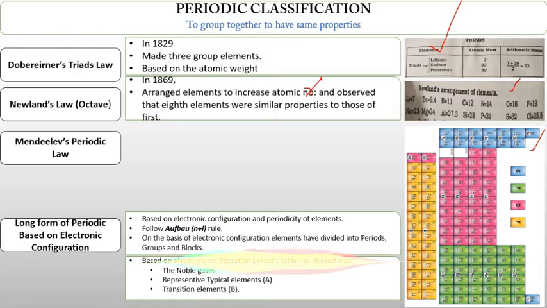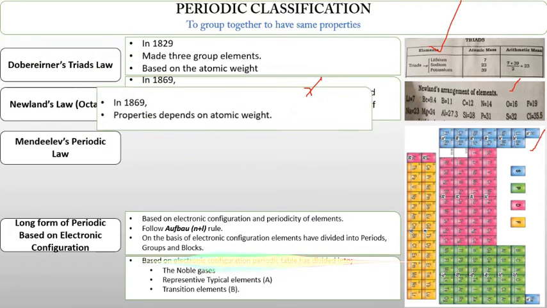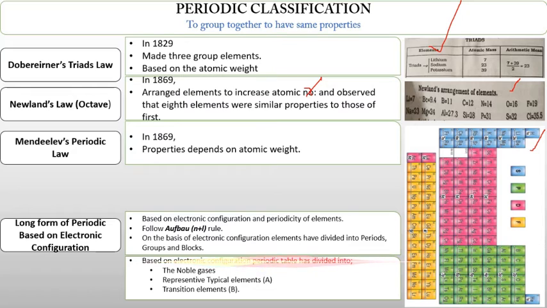Now important is the Mendeleev periodic table. What did Mendeleev say? Mendeleev presented his law in 1869, and his periodic law depended on atomic weight. But there are some pros and cons of Mendeleev's law.